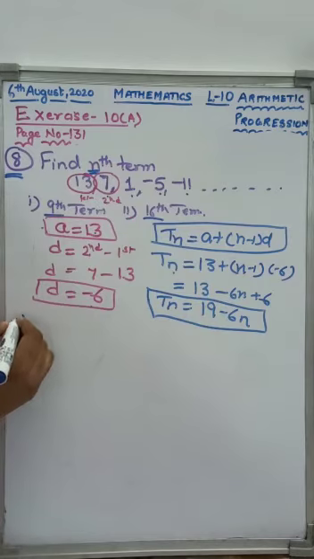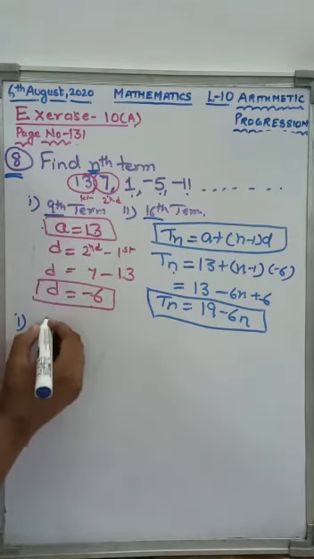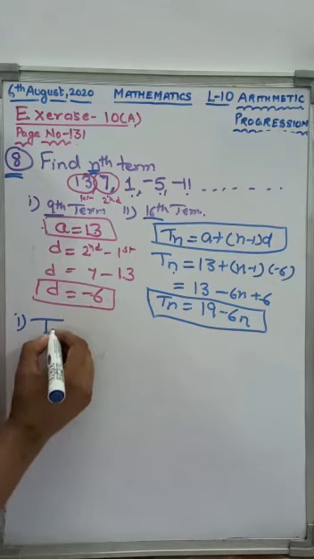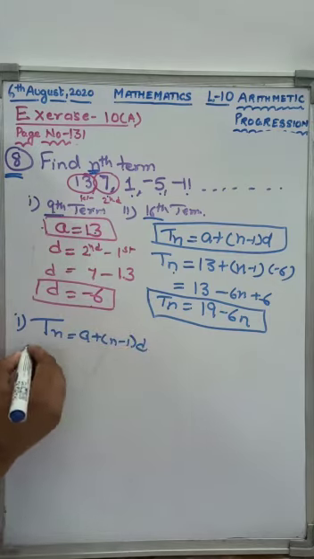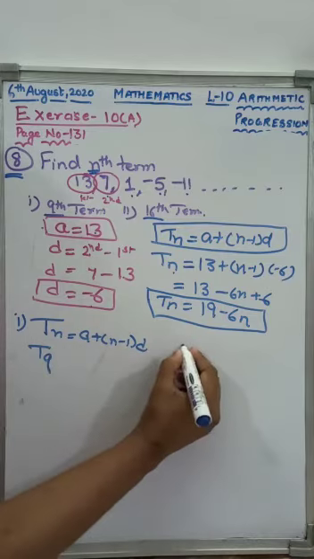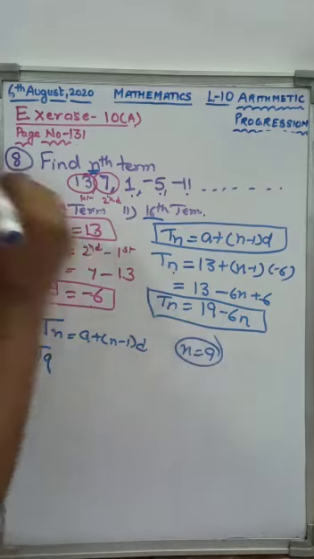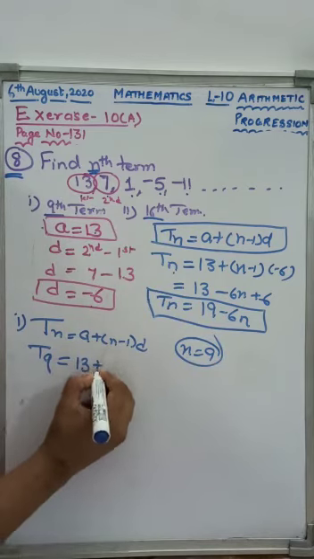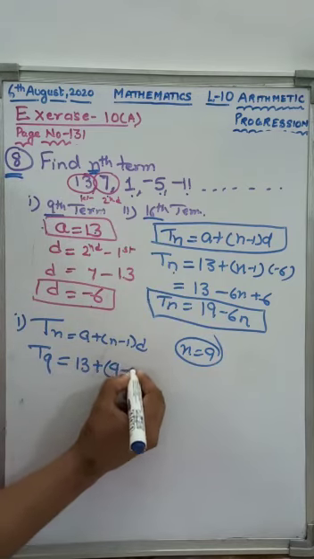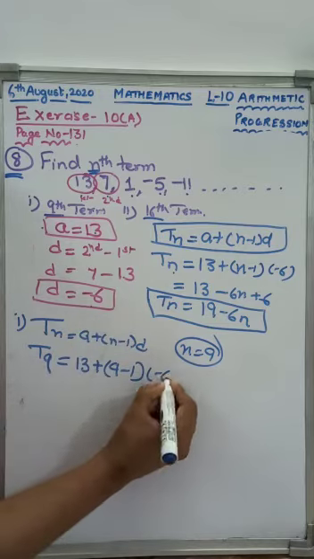Now the first part of this question. First part they are saying find the 9th term. 9th term we have to find. So this is your general term you will be using. You have to find the 9th term, that means n is equal to 9. So let's put A is 13 plus 9 minus 1, D is minus 6.